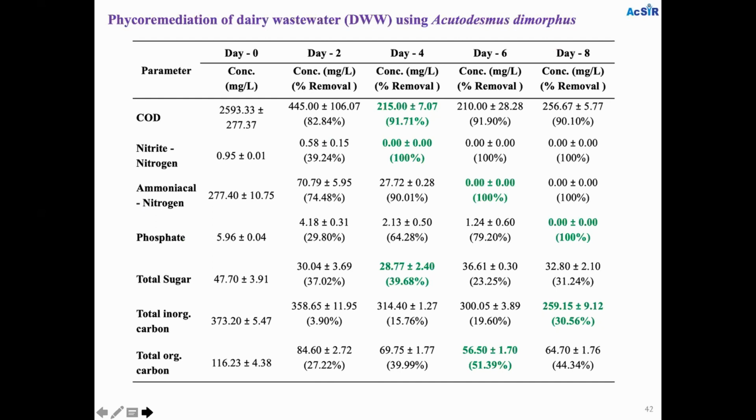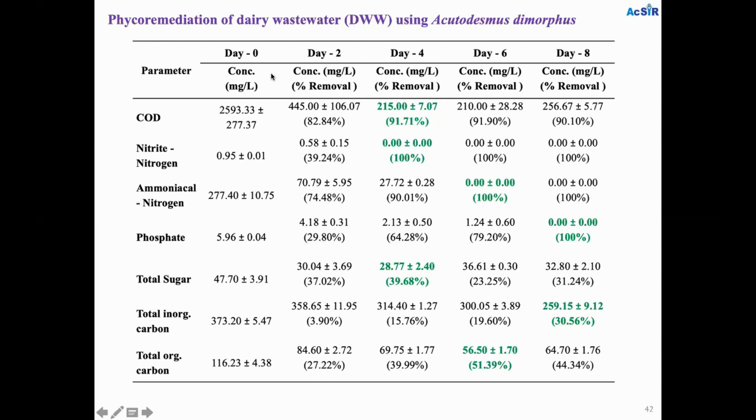So what we had observed is on day 0, the COD level was very high, like 10 times the required limit for the release of this dairy wastewater. So it was like 2600, and the ammoniacal nitrogen level was also very high.